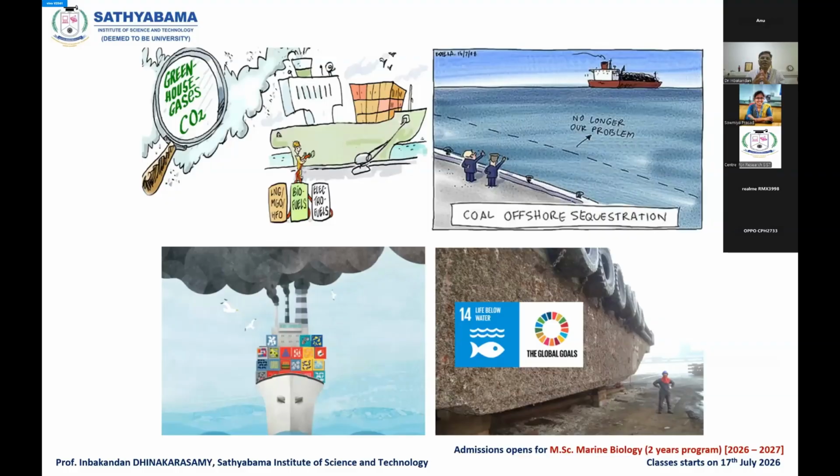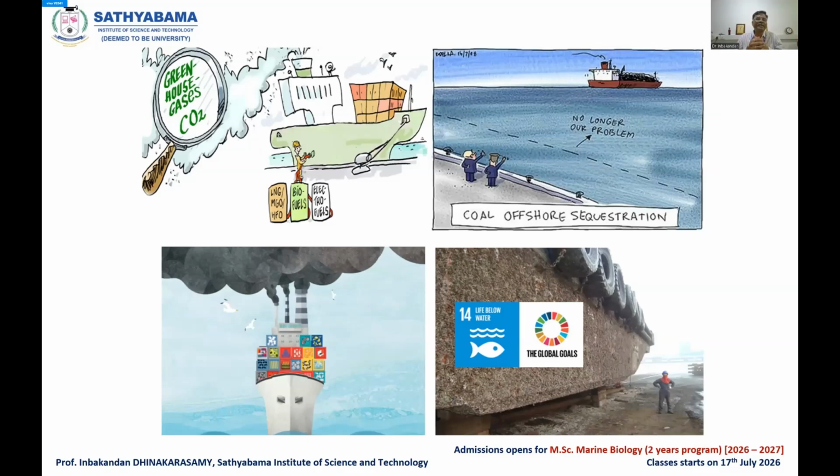Biofouling is not only an addition or an attachment to materials which are made, like fishing nets, ship hulls, or any other concrete structures in the marine environment, but it is also indirectly providing a negative impact on our climate change. They are triggering greenhouse gases because when there is biofouling on the ship hull, the weight of the ship will increase.